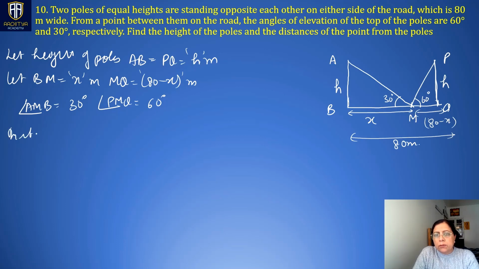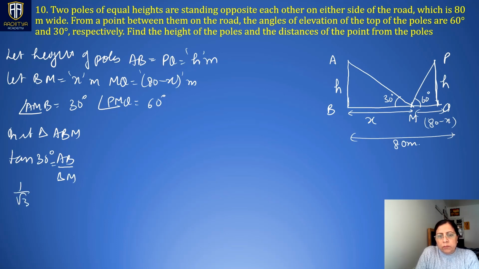So in right triangle ABM, relationship between perpendicular and base, we have tan of 30 degrees is equal to AB upon BM. 1 upon root 3, AB we have treated as h and BM is x. So this is one relationship between x and h. Let this be equation 1.